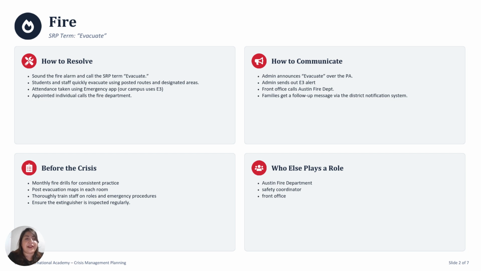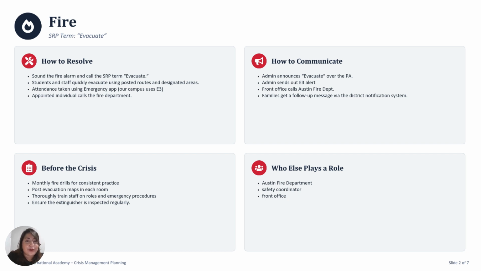Then we will have an appointed individual calling the fire department. That will be one of the individuals on the administration. Most often, it's the safety coordinator, the safety officer. And then, of course, after we do that, we will be sending out a follow-up message through our district notification system, which currently is Evlio.